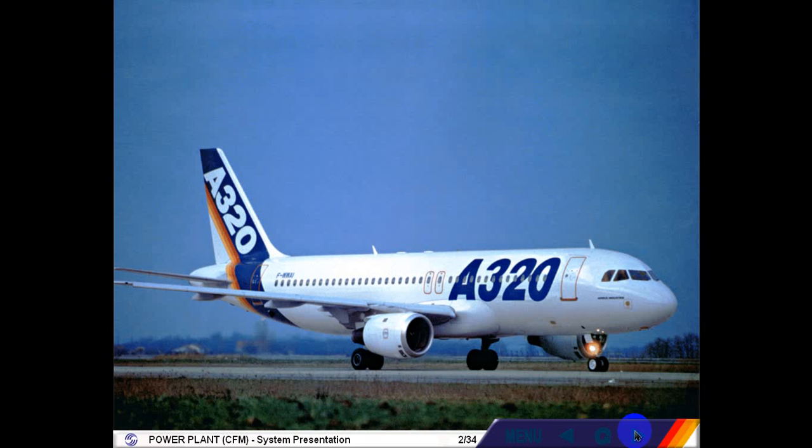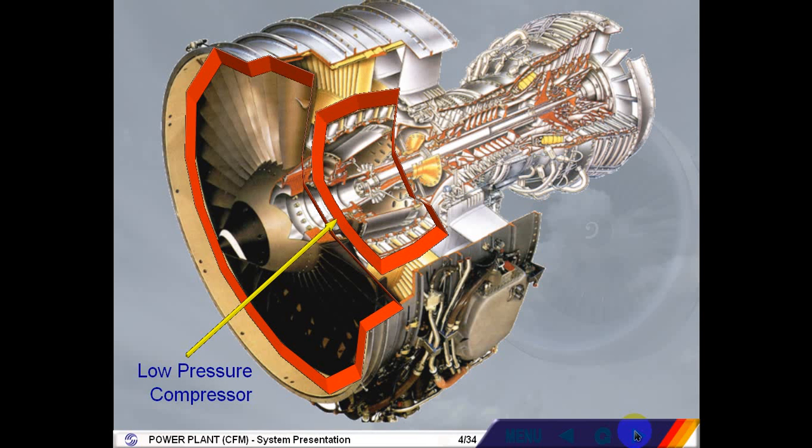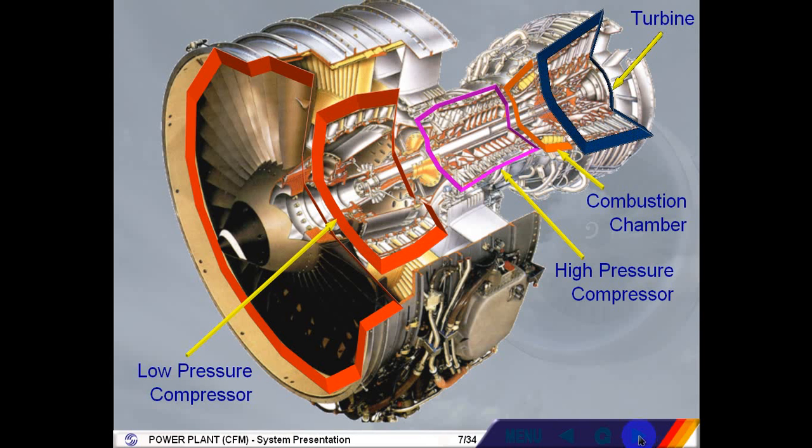The A320 family is equipped with, like most engines today, an engine that comprises a low-pressure LP compressor stage, a high-pressure HP compressor stage, a combustion chamber, and a turbine stage.